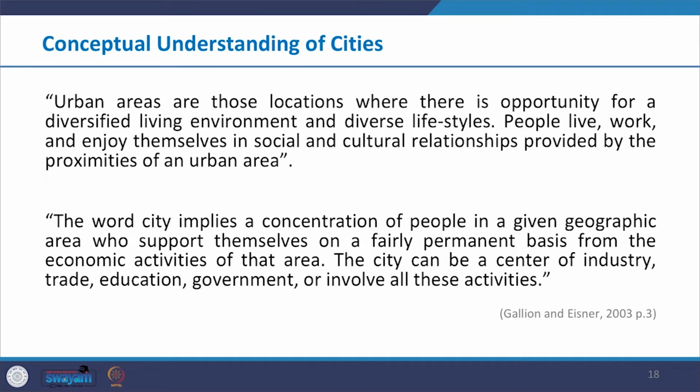Also the aspect of opportunity for all people, opportunity for diversified living and diversified lifestyles, is highlighted in this definition. Another aspect is that people live, work, and enjoy themselves, so the lifestyle aspect is also here. And then we also see in the definition the social and cultural relationship. The heterogeneity which we saw in the pictures also comes here in the definition part.